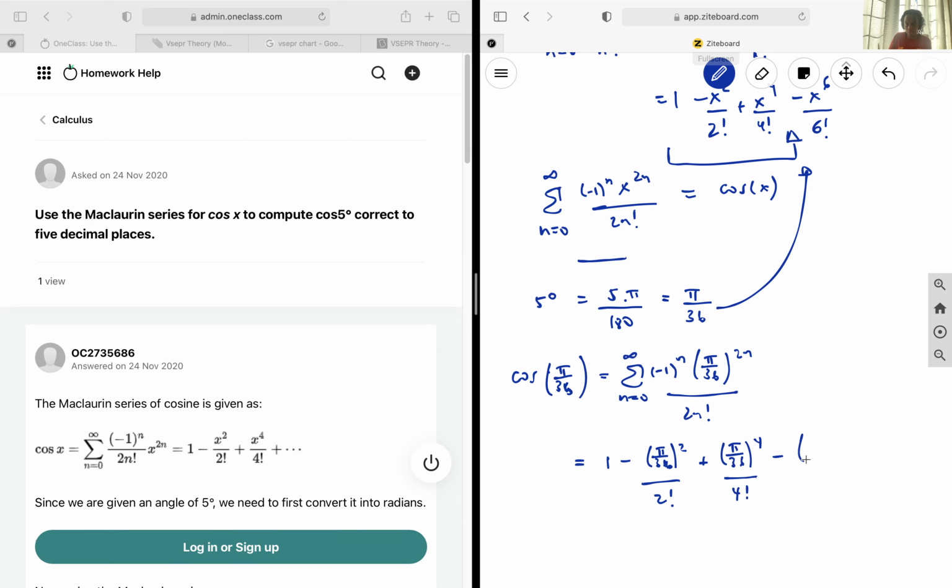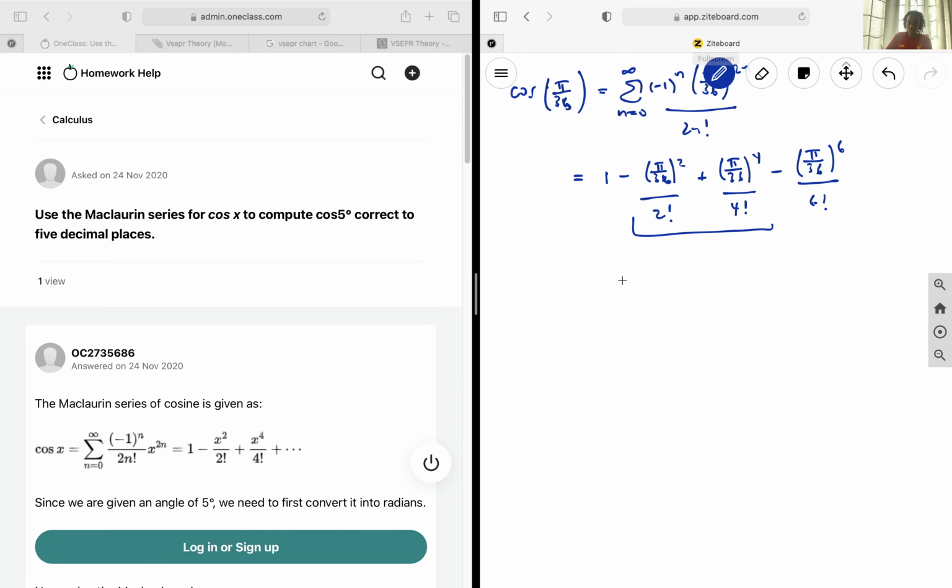You can go on if you feel like. Okay, and so now we're just going to use these two in order to find what we need. So that would be equal to 1 minus, you just plug those two values into your calculator.